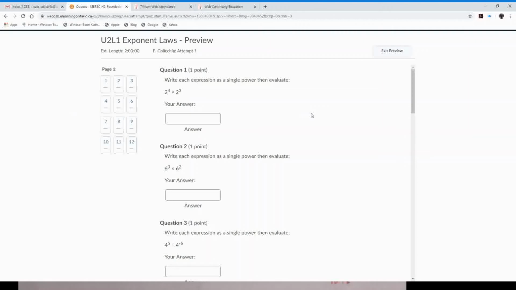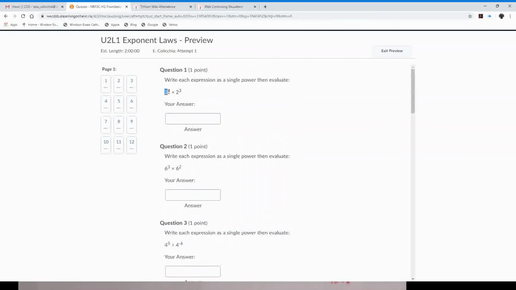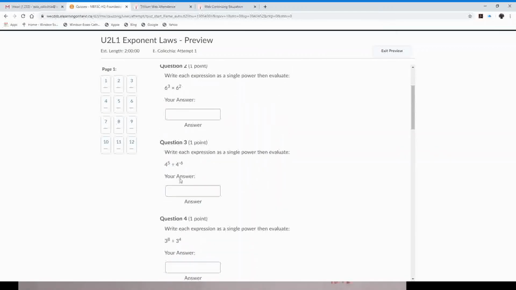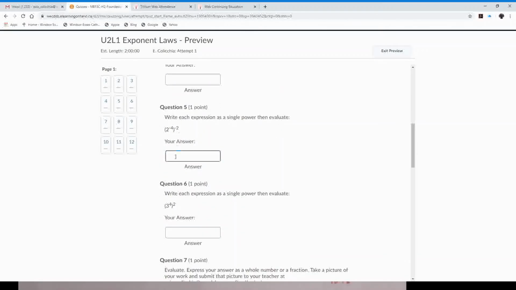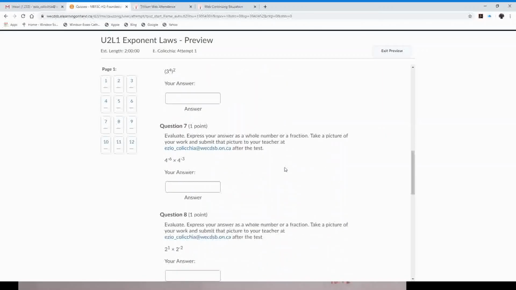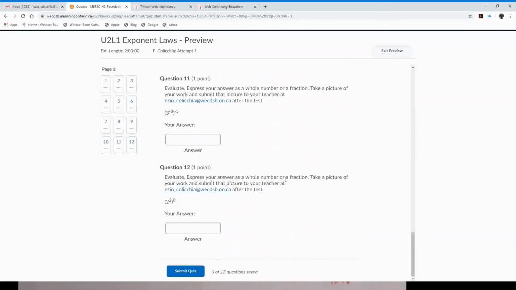So you'll have 12 questions, and they're just going to be like this here. 2 to the power of 4 times 2 to the power of 3. So you'll have 2 where they are products, 2 where they are quotients, so division, and 2 where they are powers of powers. And then you're going to have some that mix it up, and I want you to show a little bit extra work.